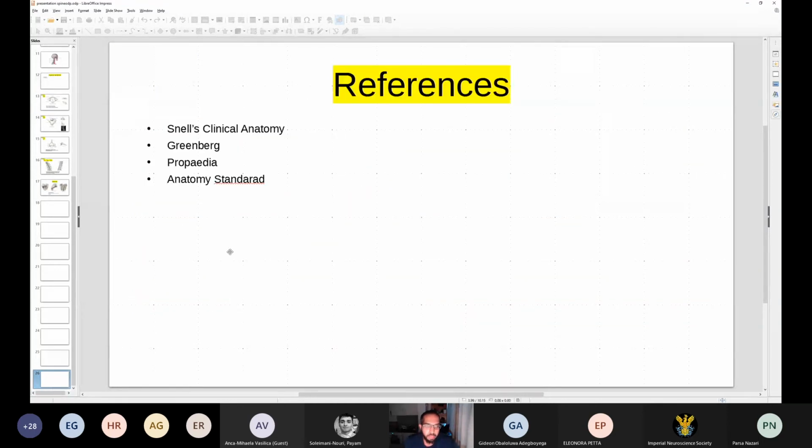The second book on here is called Greenberg, and this is a neurosurgical handbook. Also quite nice, and most people in neurosurgery just learn this for their exams.